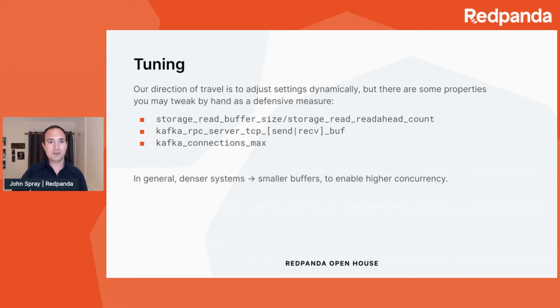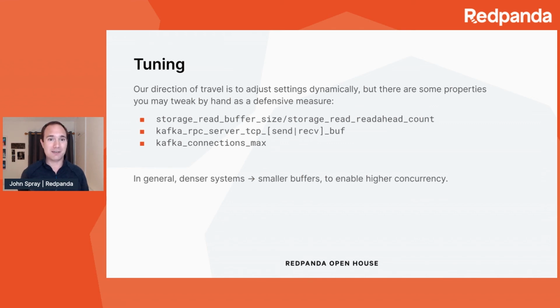These default to 128 kilobytes in the case of storage read buffer, and up to megabytes in the case of TCP buffers. Our default is to let the kernel handle it, and the kernel will sometimes grow your buffers that big. So if you remember that 1 megabyte partition number at very high density, we need to think about these numbers in that context.